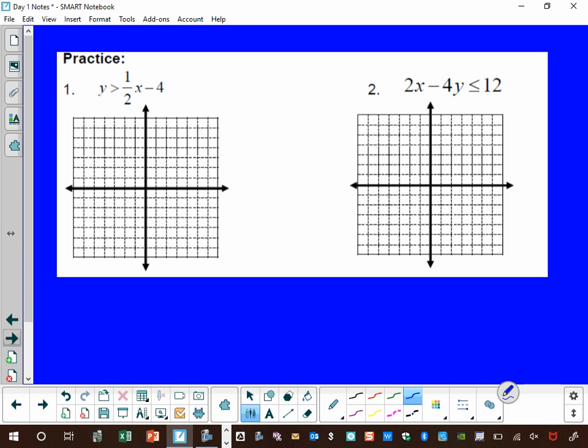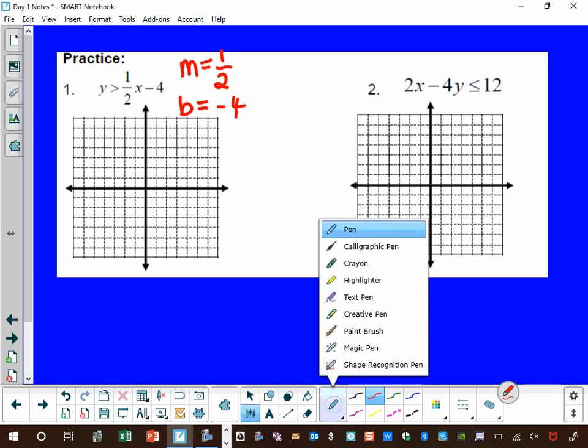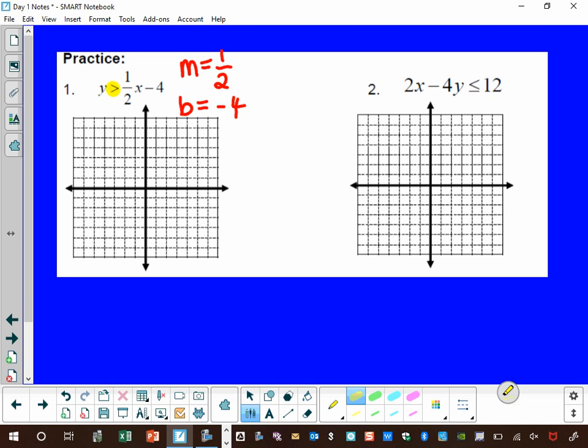Look at number 1. For these problems, I want you to write what I write. Okay, don't try to skip anything. What is my m? 1/2. What's my b? -4. Are we all good there? All right, look at my inequality sign. We just did inequalities. Is that greater than or less than?